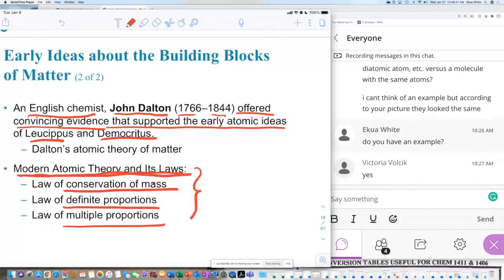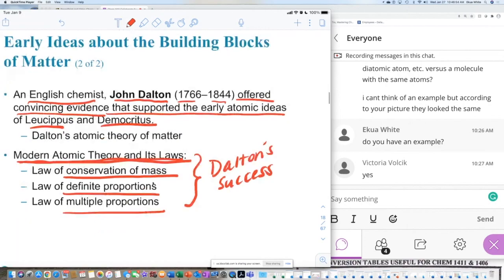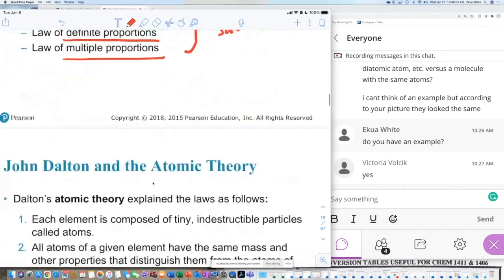So these are actually labeled as Dalton's success. Not only did he come up with his own laws, he inspired other laws that came up later. After people understood his laws, they came up with these laws. Okay? So let's see what Dalton said.